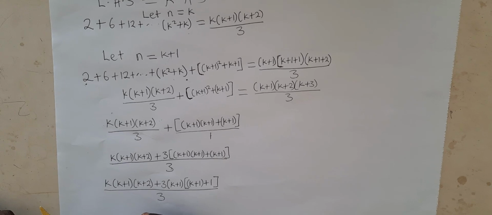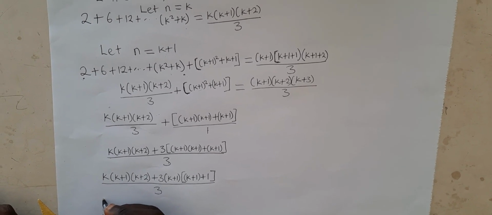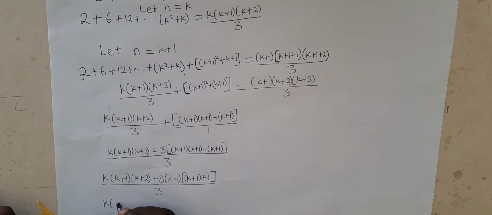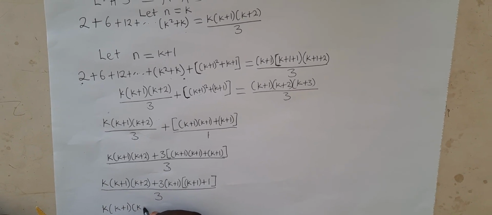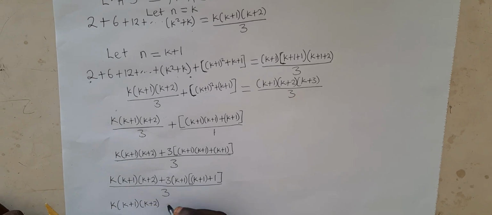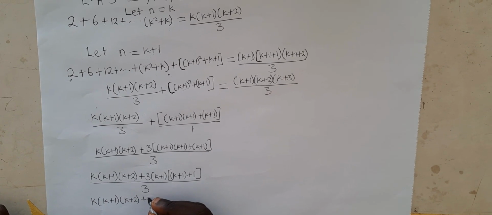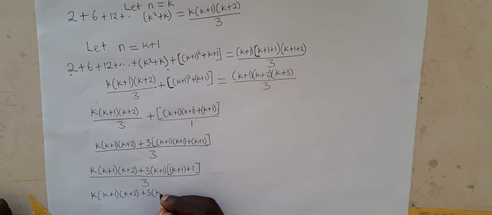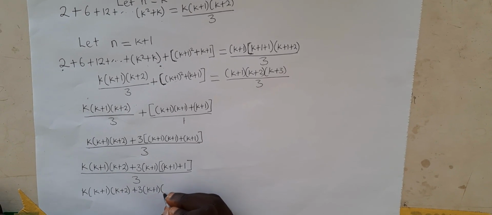So here I have k into brackets k plus 1, under brackets k plus 2, plus 3 to bracket k plus 1. So here I have what?